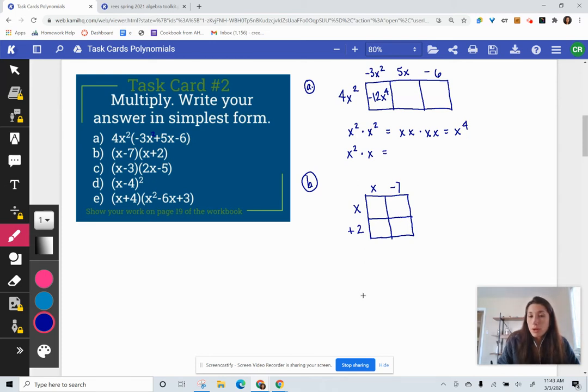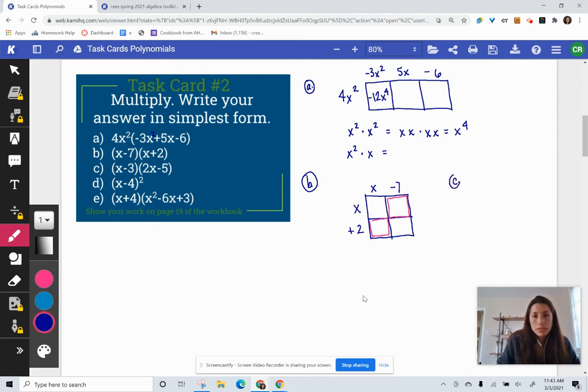Now, the only thing you'll want to keep in mind, okay, multiply all the things that are in here. You should end up with 3 terms here because you are going to need to combine this like term here with this like term. So the negative 7x and the 2x should combine as like terms. So you'll have an x squared term and you'll have a constant term as well.